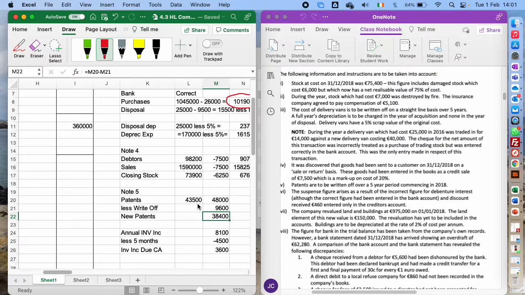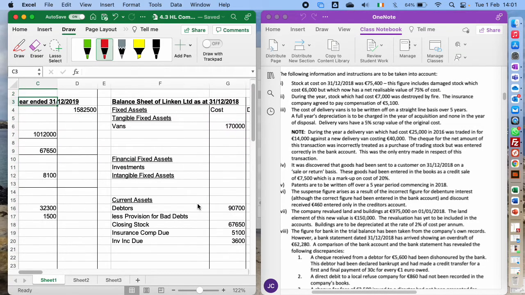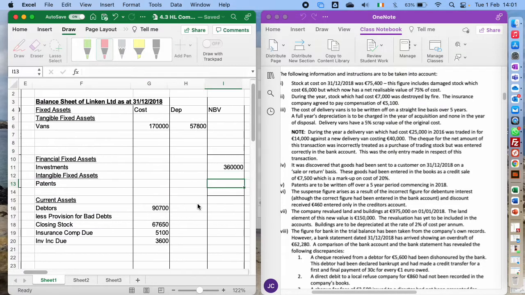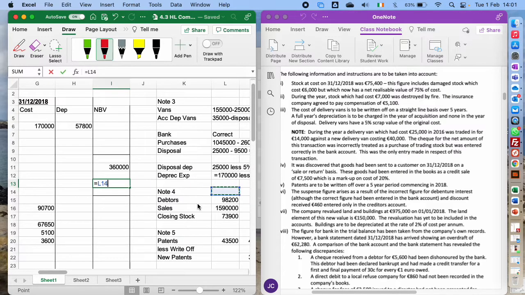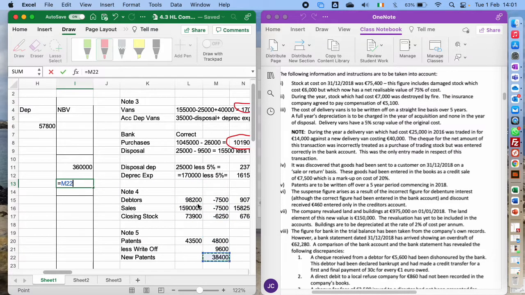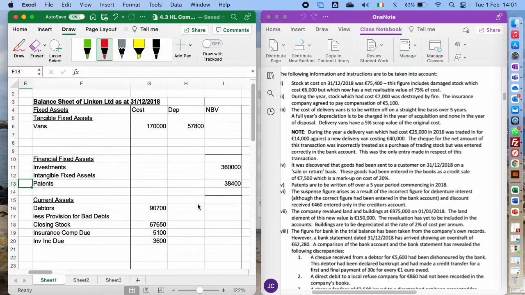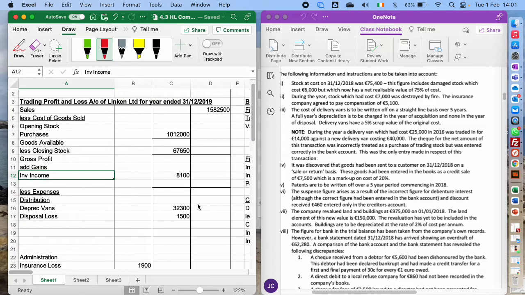So that's my new figure for patents. And the patent write-off, I'm going to put in, now just quickly put this up here. So we have intangible fixed assets, so I'm just going to put in patents. And I'll put that number. Now, writing off a patent, there's 2 places we can put it. We can put it in cost of sales as a cost, or we can put it as an expense.